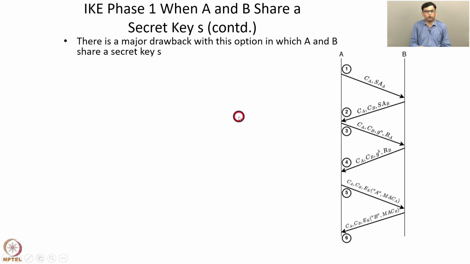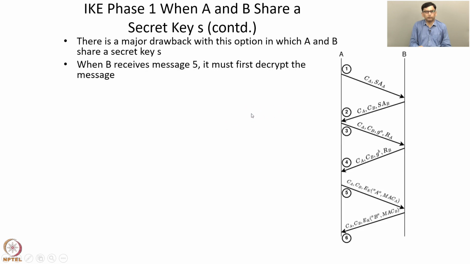Now there's a major drawback with this option in which A and B share a secret key S. The drawback is as follows. When B receives this message 5, it must first decrypt the message to check the identity of A, because the identity of A is encrypted.